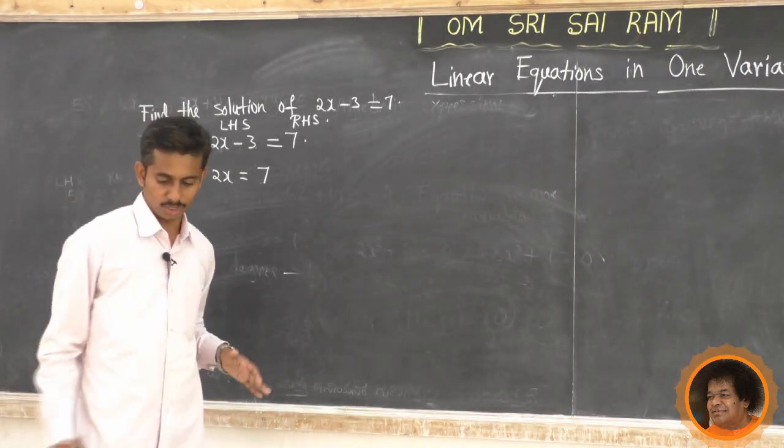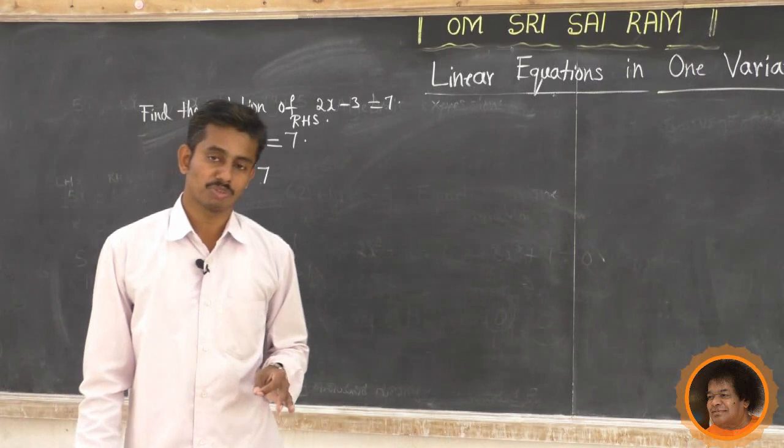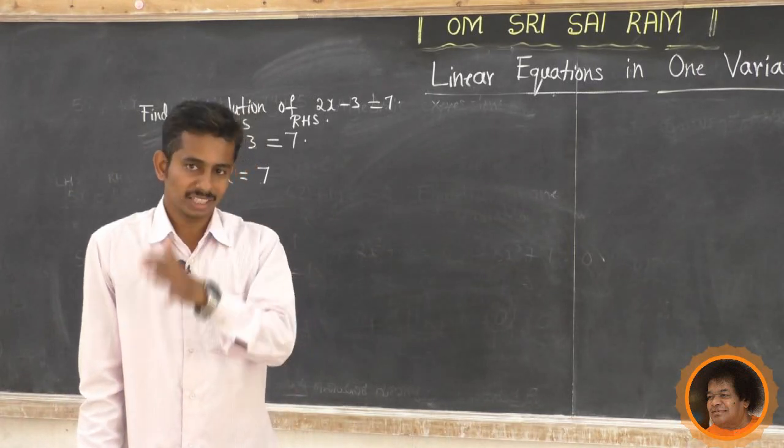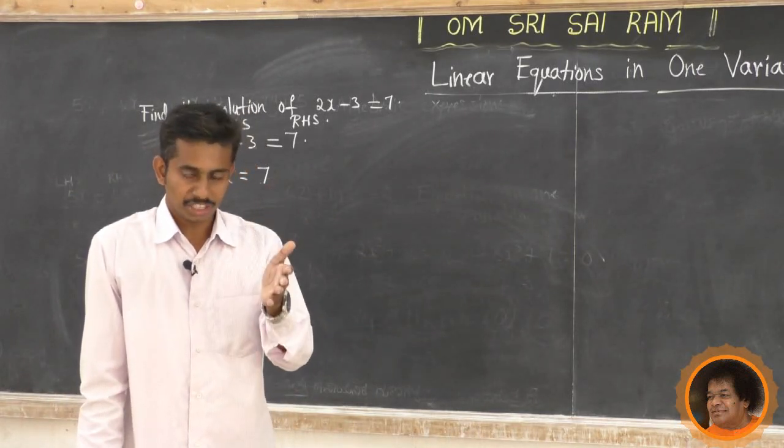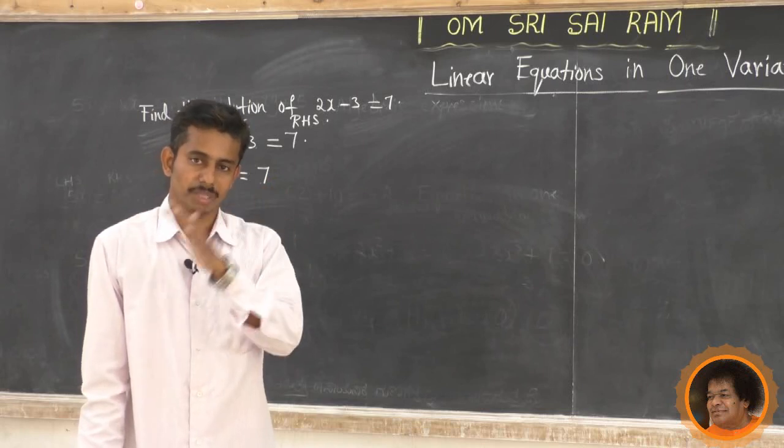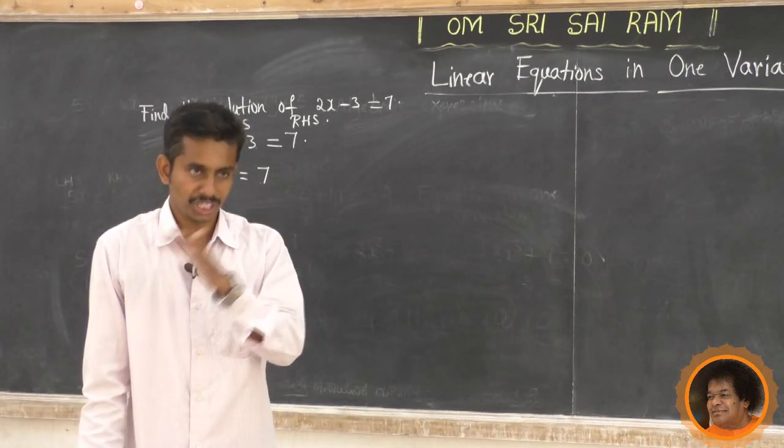Subtraction becomes addition, addition becomes subtraction, multiplication becomes division, division becomes multiplication. This is the rule.